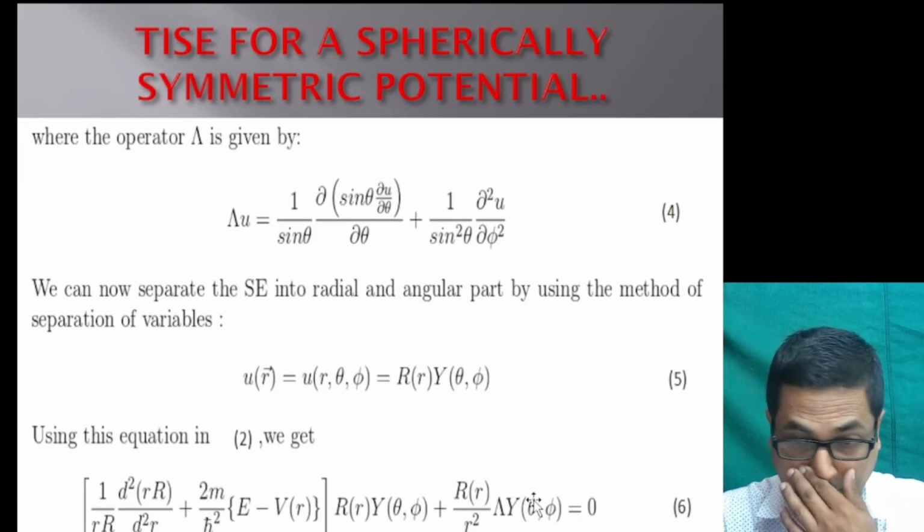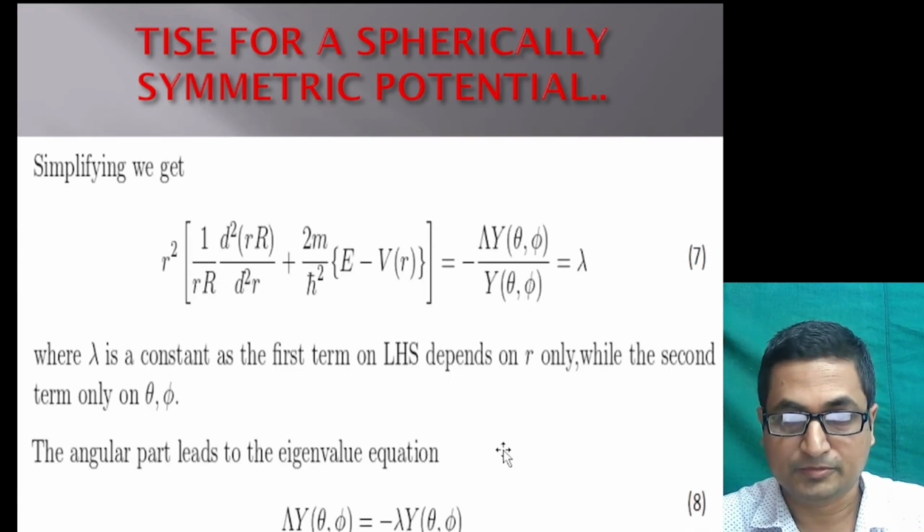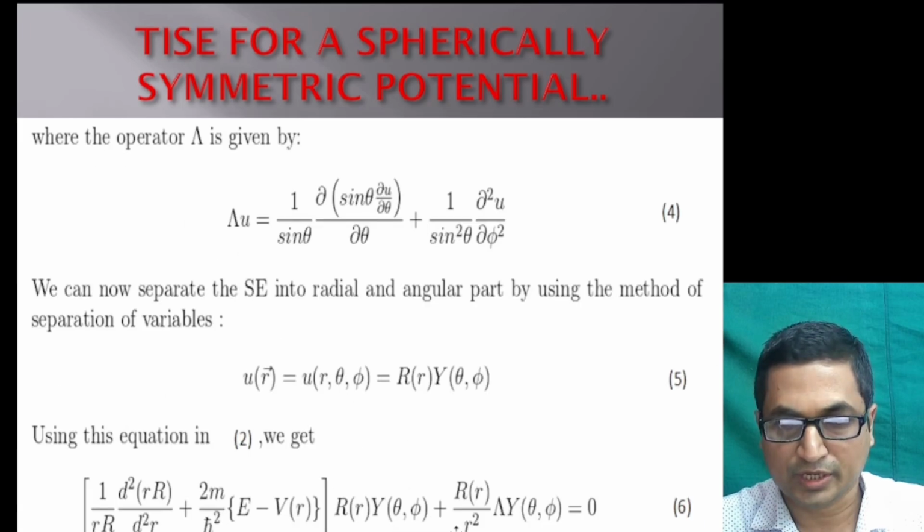And we can see in equation 6, with one more simplification, that we can put an equal sign here, and in that sense it will be a minus sign here, and then keep all the terms dependent on small r on the left hand side and terms dependent on theta and phi on the right hand side.